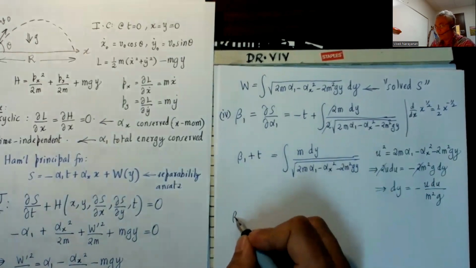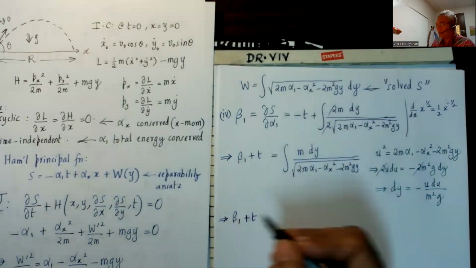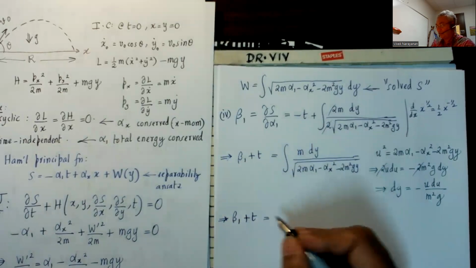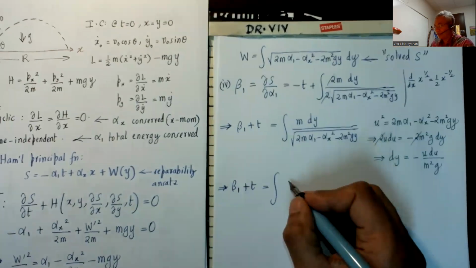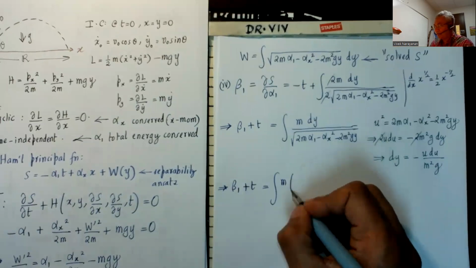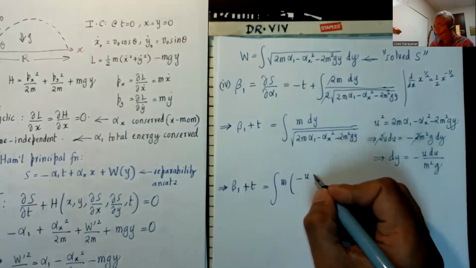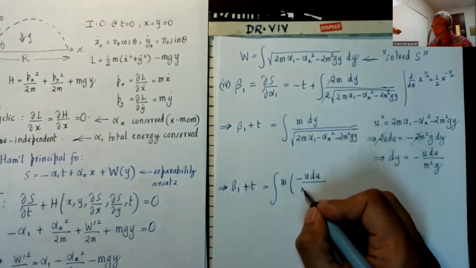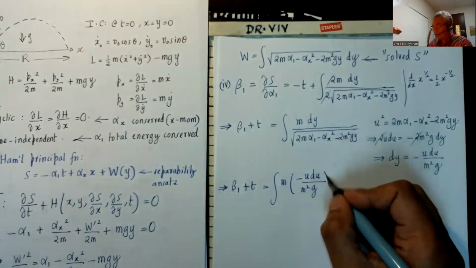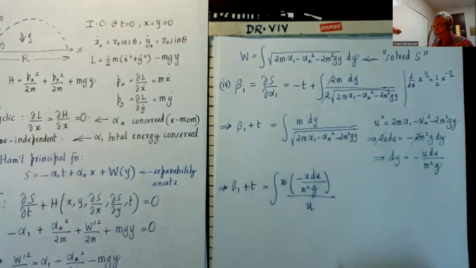So I get beta 1 plus t is equal to the integral, now in terms of the u variable, m times dy, which is negative u du over m squared g, divided by u. So no square roots at all.